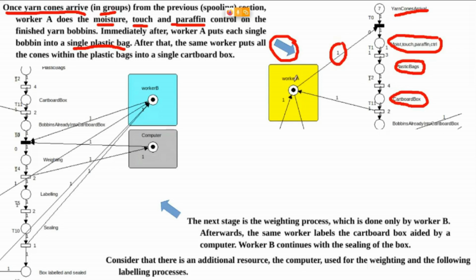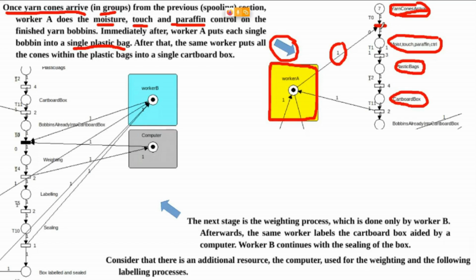For all these sub-processes we need one worker A. This is the resource worker A. For this transition to be enabled, we need the arrival of the yarn cones and then worker A to be idle. Then this transition is enabled.